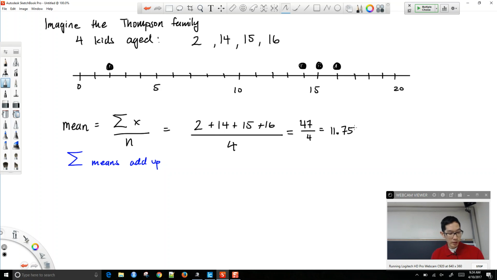And so what 11.75 is, this is the mean. And we can think of the conceptual definition of the mean.